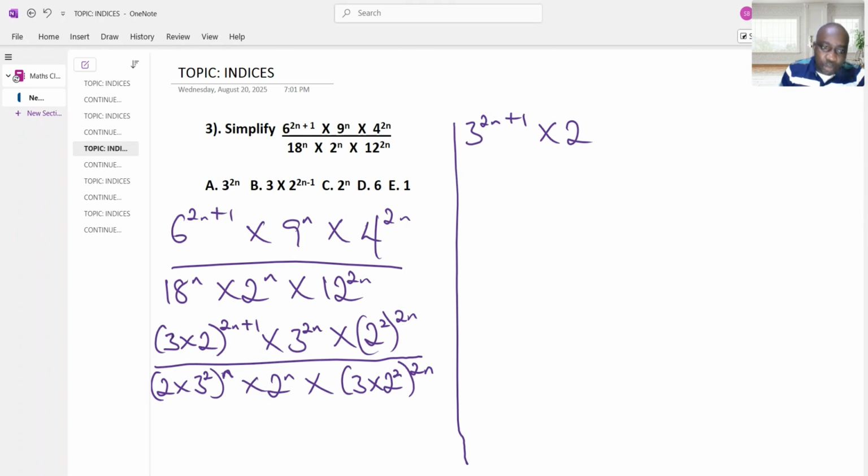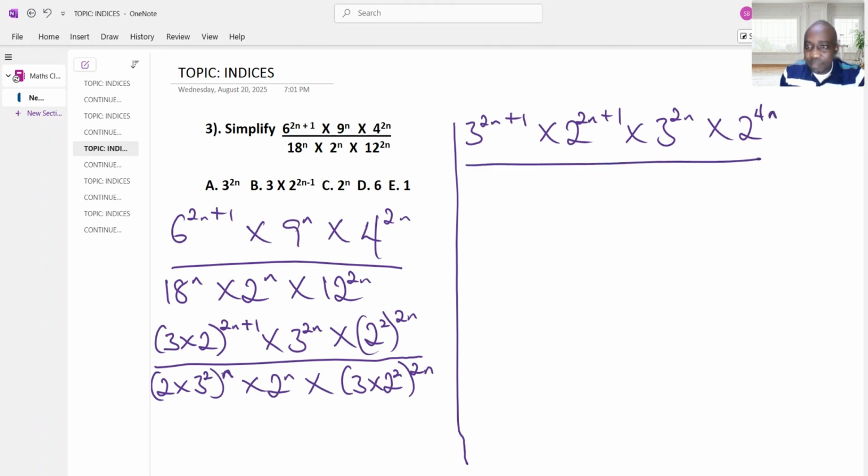You put it on top of the 3, and you put 2n plus 1 on top of 2 as well, isn't it? Multiply by 3^2n, multiply by 2 times 2n, which is going to give us 4n, 2^4n.